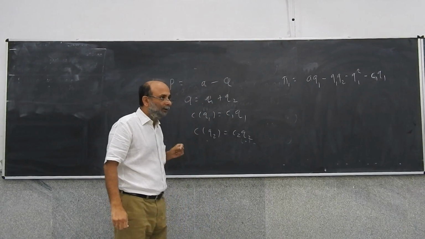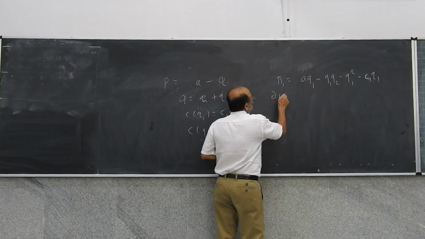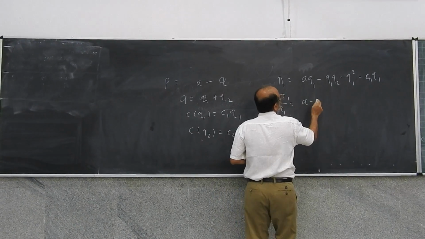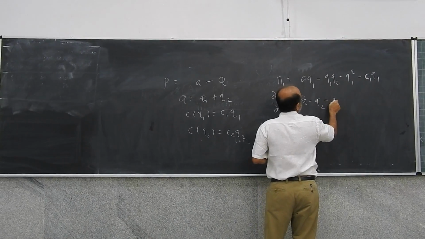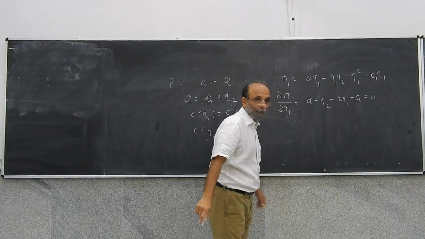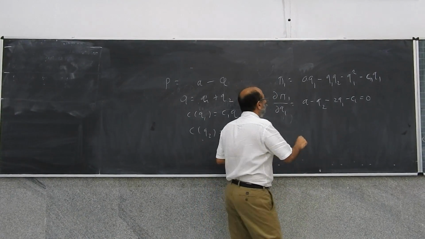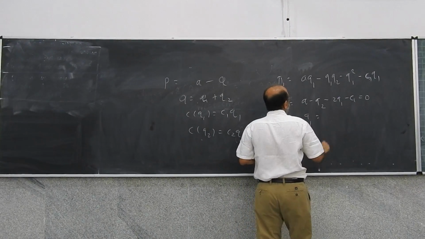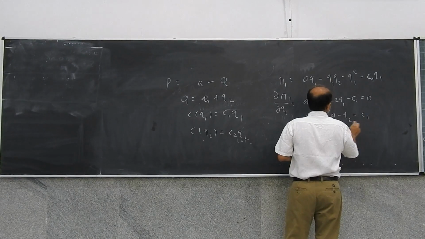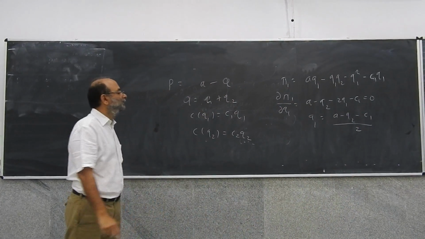Everybody gets this? So how do you maximize this? Q1 is equal to A minus Q2 minus C1 upon 2.